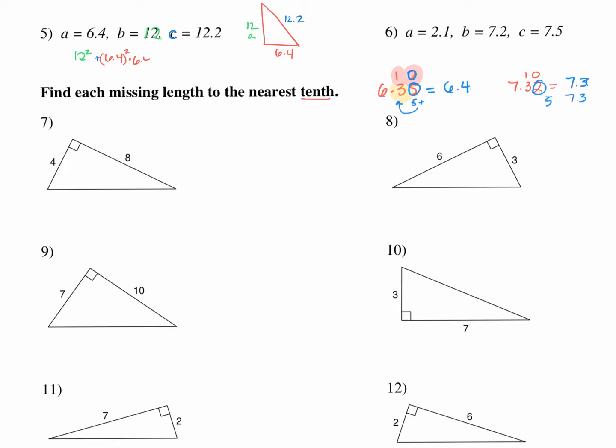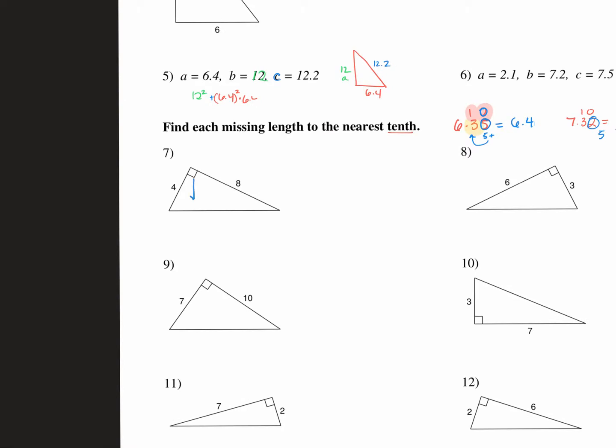So then, looking at this triangle, this is C, so this must be A, and that must be B. And so then you do A squared plus B squared equals C squared. And because we don't know what C is, that's what we're looking for.